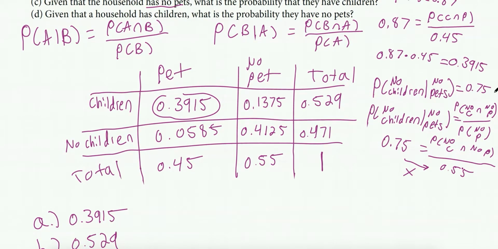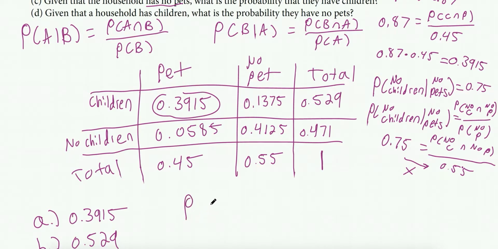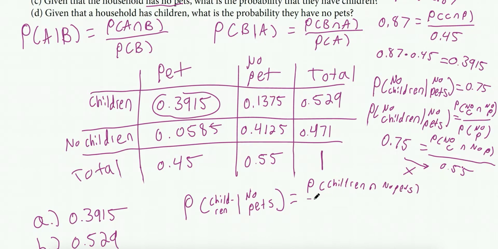The probability that a household has children given no pets equals the probability of children and no pets all over the probability of having no pets.